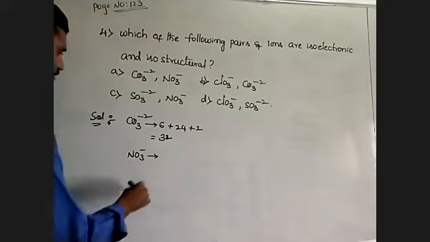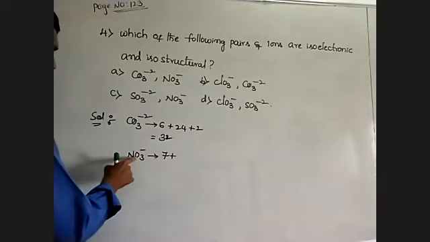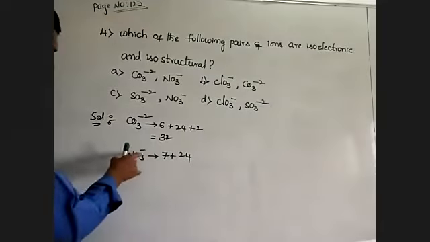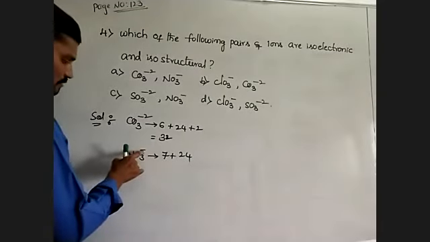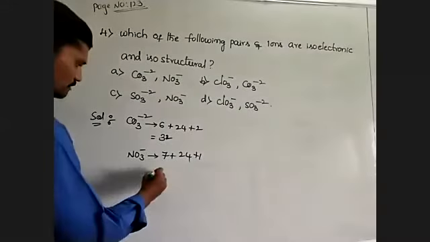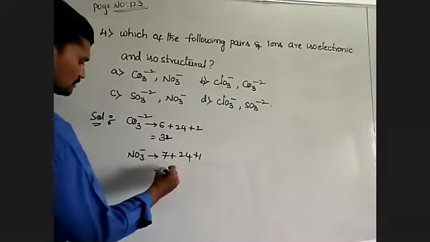Nitrogen atomic number is 7. Next, oxygen atomic number 8, 8 times 3 is 24. Right. So here minus 1, only 1 minus here. So that is 1. Okay. 7 plus 24 is 31, plus 1 is 32.